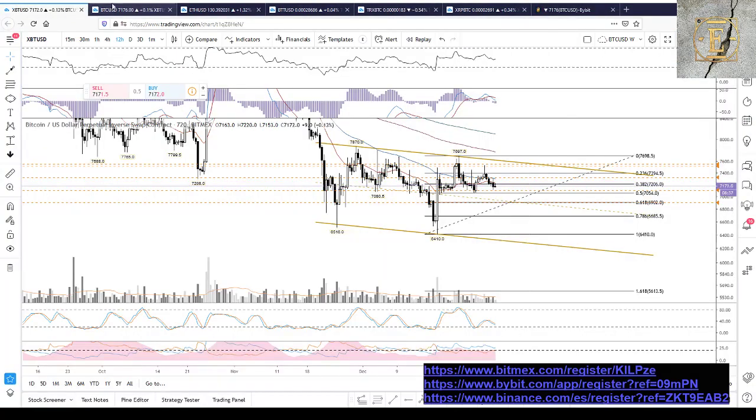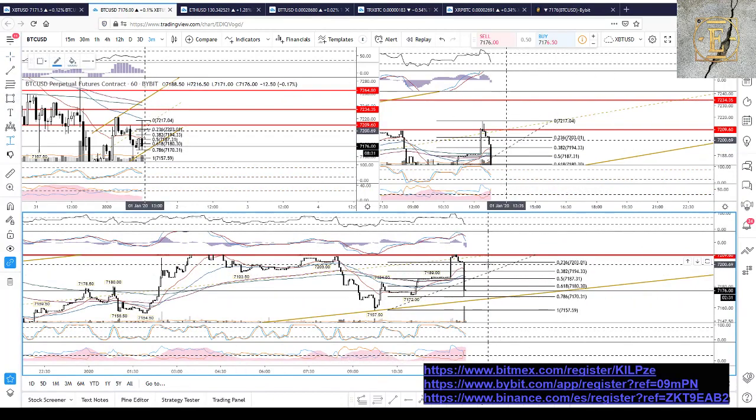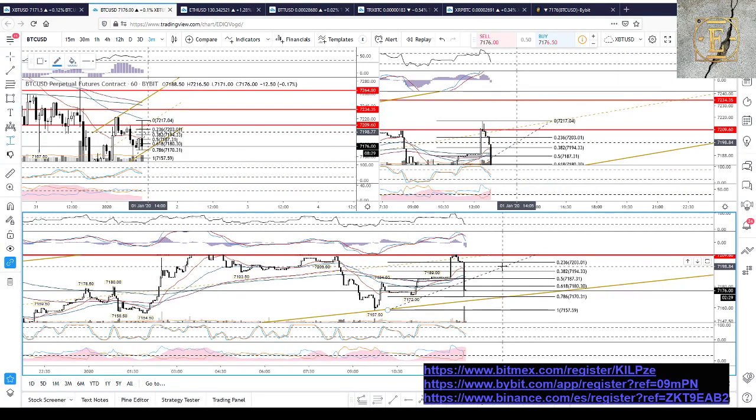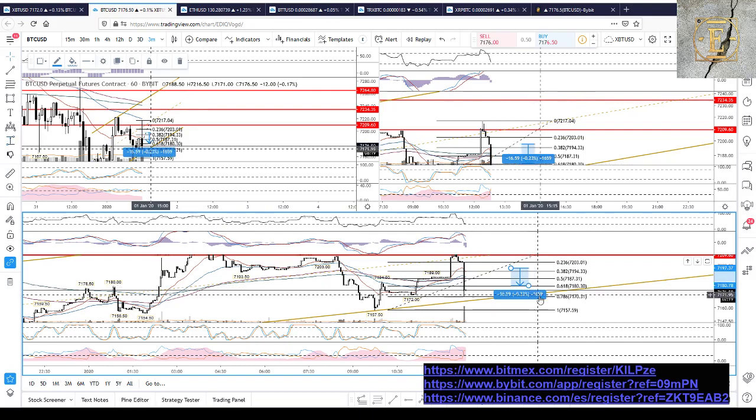Let me see. 26. Remember, I'm using limits, so bit by bit pays me. It was kind of here, and I got out here, more or less. 0.27, but I'm using leverage, remember.